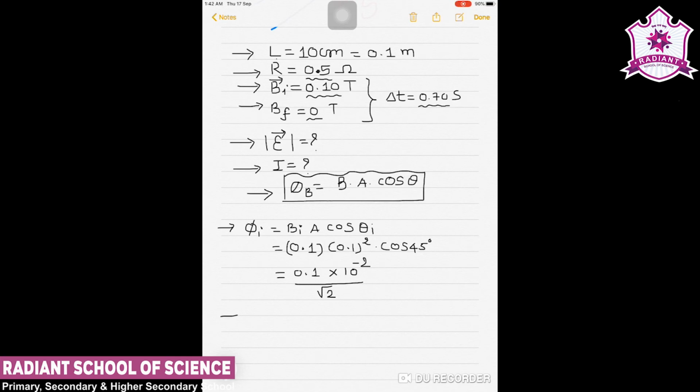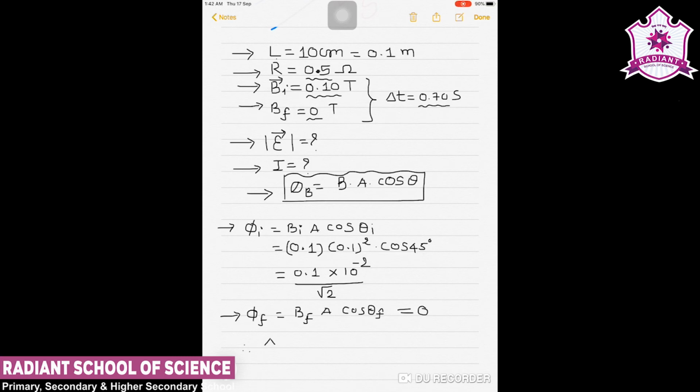Now phi f: they have given that B f is 0, so it will be B f cos theta f, but obviously B f becomes 0 gradually, so it will be 0.